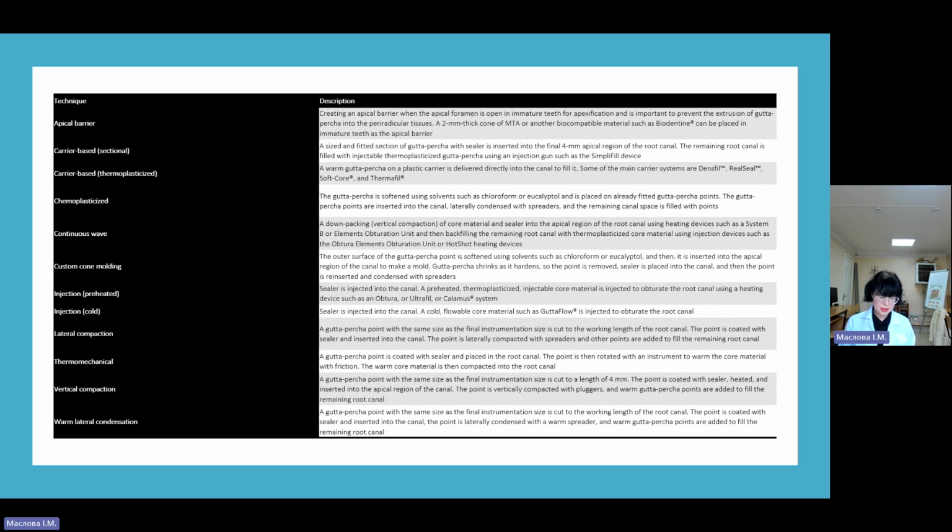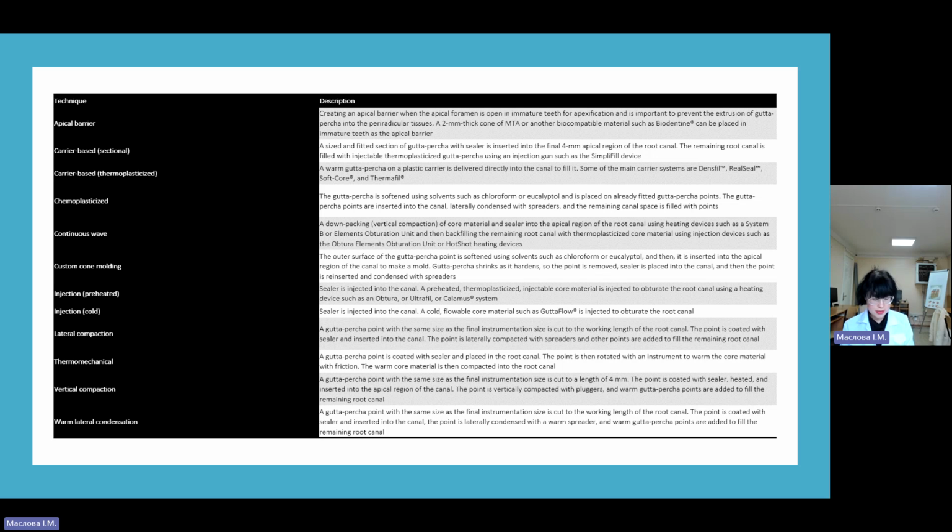The claimed advantages include good sealing ability, excellent biocompatibility, and very low cytotoxicity. GuttaFlow is a modified version, containing particles of gutta-percha less than 30 micrometers in size. It expands similarly on curing and is considered almost insoluble.